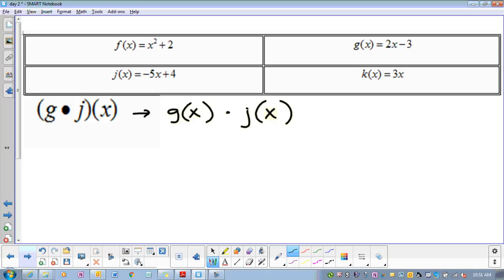Now, they didn't give us any numbers to plug in, so we just have to use the functions, right? My g function is 2x minus 3, times my j function, which is negative 5x plus 4.